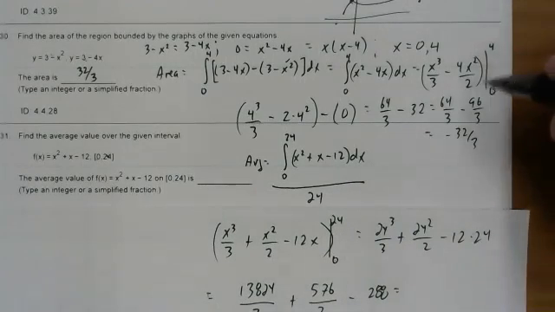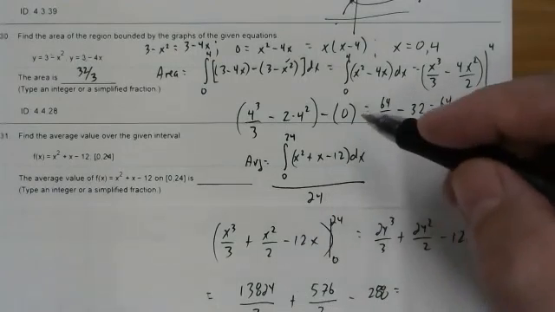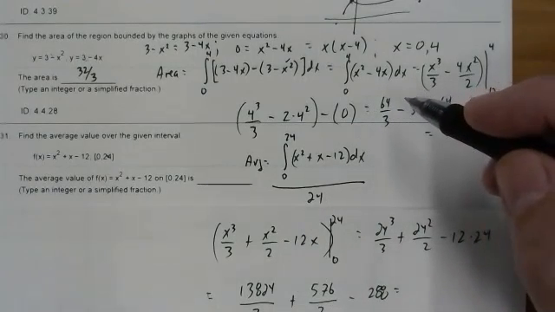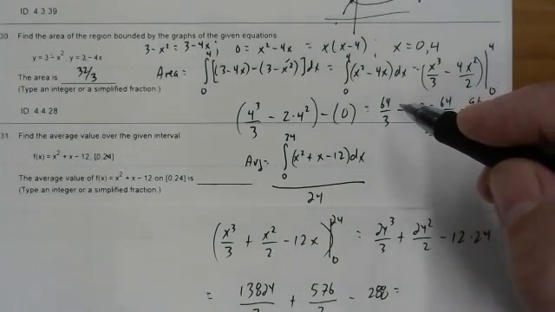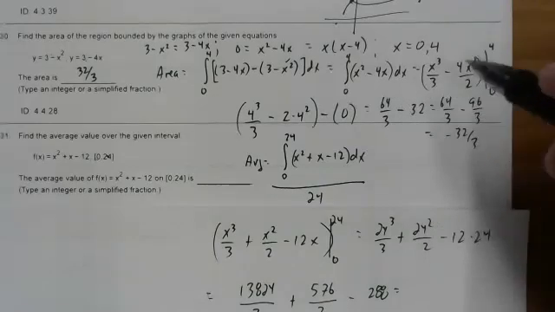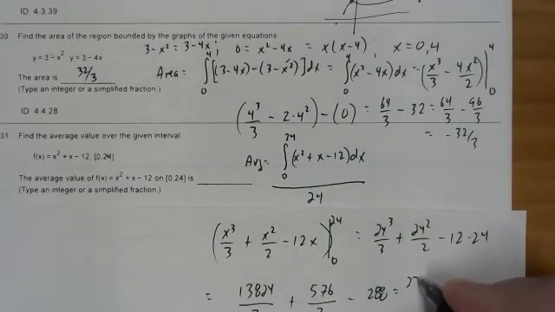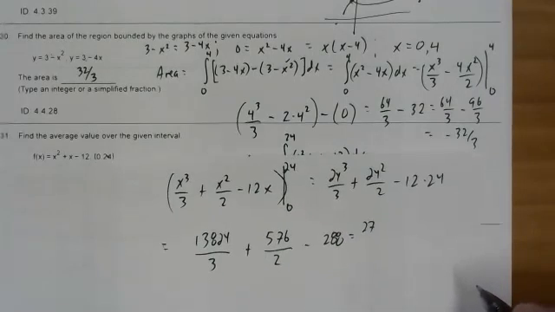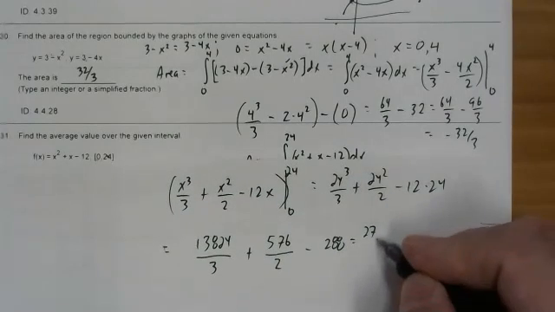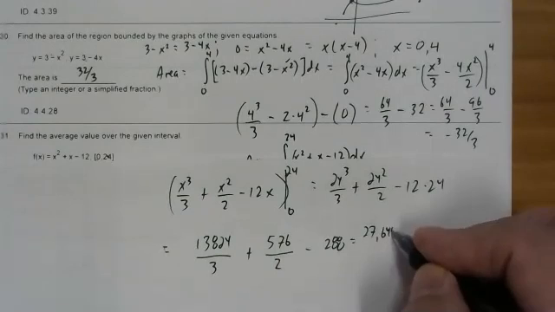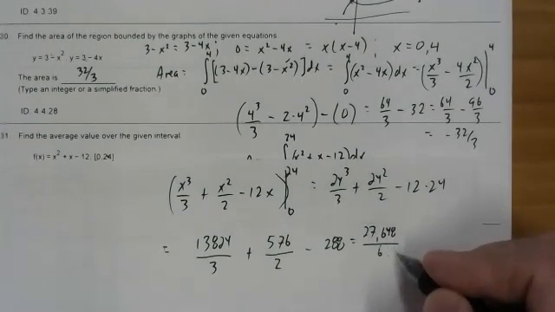Common denominator is going to be 6. So this first one multiplied by 2 over 2: 13,824 times 2 is 27,648 over 6.